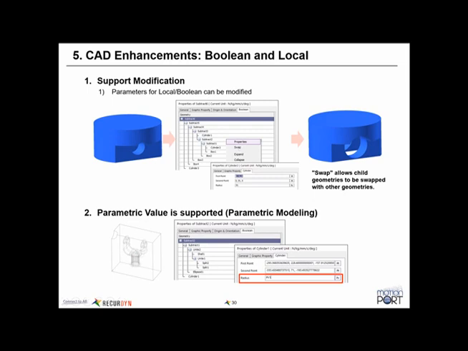If you pick swap, then you can actually bring in some of the basic child geometry and swap it with some other piece of geometry. So between these two capabilities, being able to modify things without having to redo everything, and being able to swap in geometry without having to redo everything, this really makes it a lot more approachable to quickly examine different design changes.